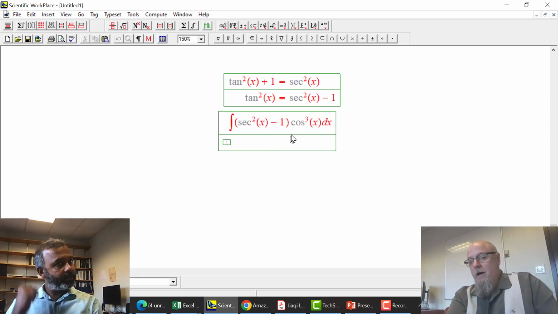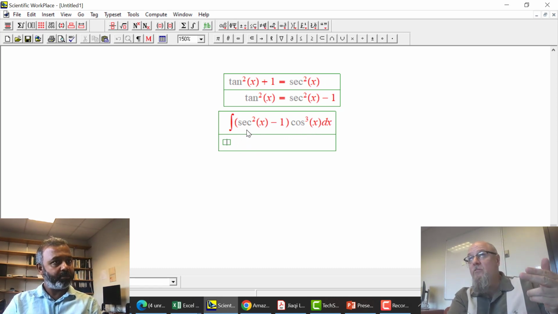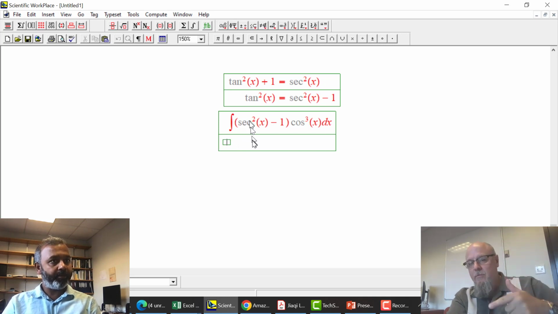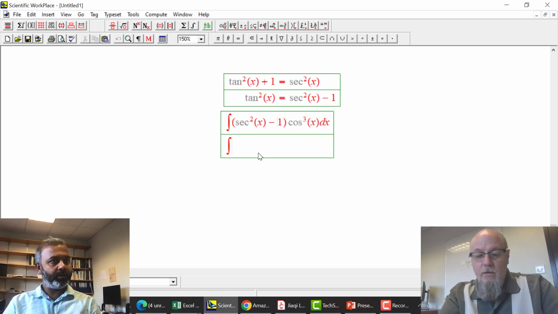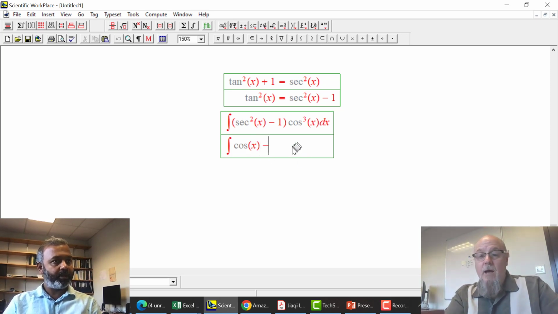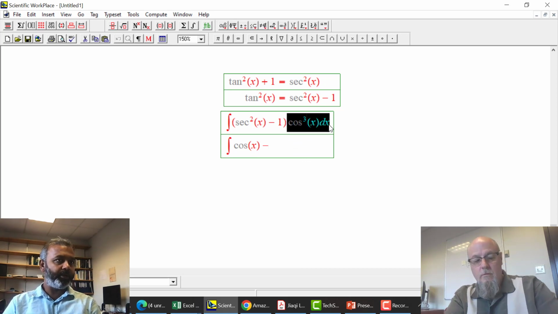Let's distribute that cosine cubed across. If secant is 1 over cosine, then sec squared is going to be 1 over cos squared. So when I distribute this across this minus sign, that's just going to leave me with 1 cosine, and it is going to leave me with a cosine cubed here.